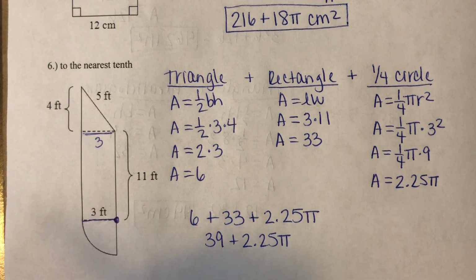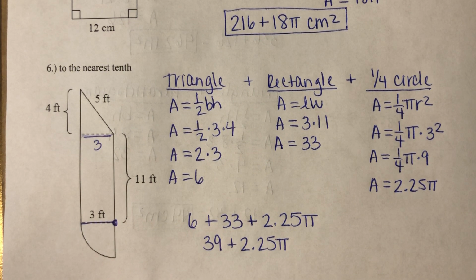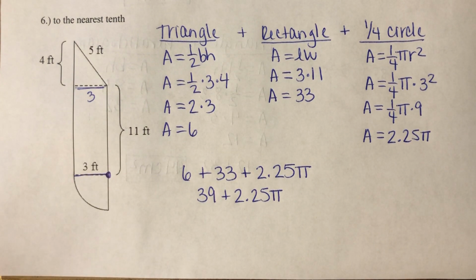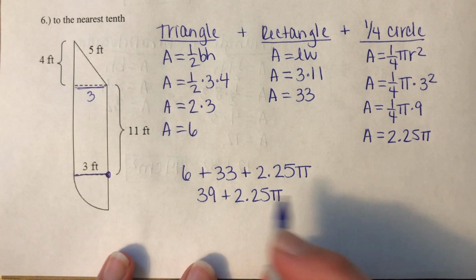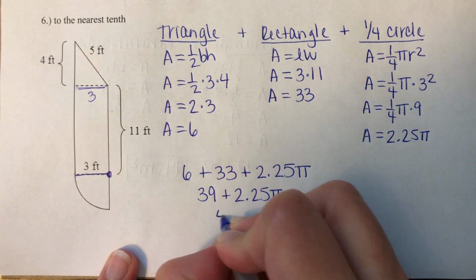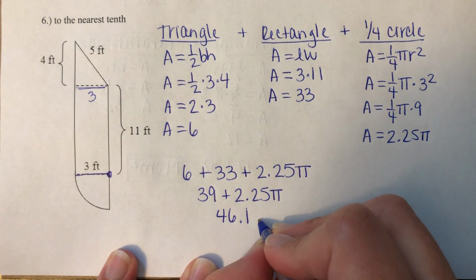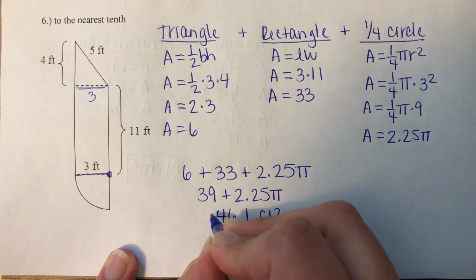Now, if it had said in terms of pi, that would be my final answer, but it doesn't. It says the nearest 10th, so they want you to type that in with the pi and get the final answer. So nearest 10th is going to come out to be 46.1, and let's make sure we put units on there.